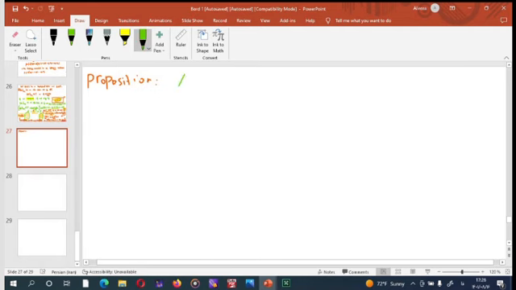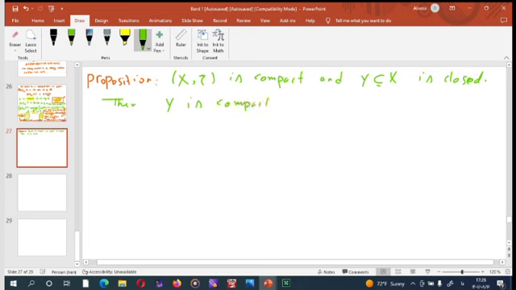If X is a compact topological space, and Y as a subset of X is closed, then Y is compact too.